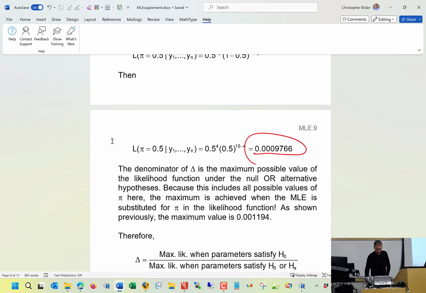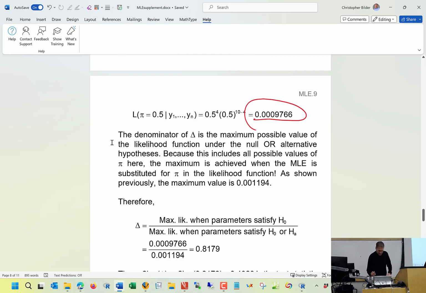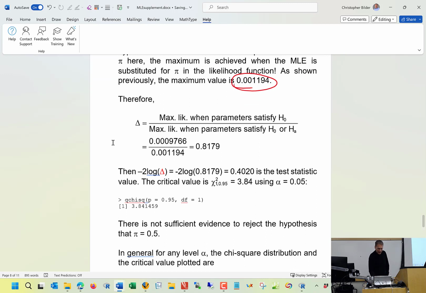That maximum likelihood estimator was 0.4. You simply stick that into your likelihood function, and you get 0.001194. This corresponds to that table of different values of the likelihood function that we found before. So now if I take the ratio, I get 0.8179.